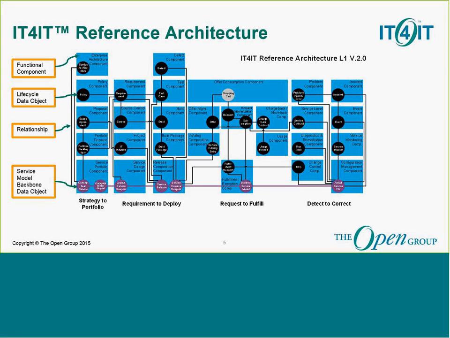And the circles along the bottom are a special designation of data object, and that's the service model backbone. So those conceptual, logical, and realized stages that we talked about are characterized by physical artifacts that are stored in a service model along the way.